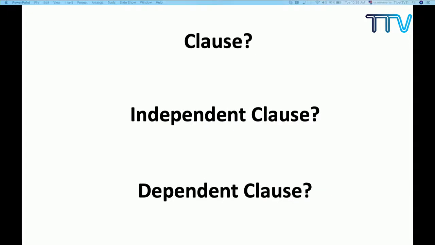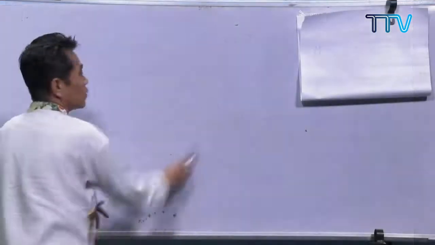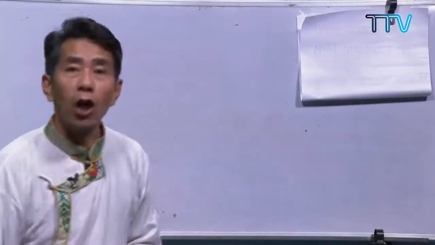I've already mentioned the clause, and in the clause I've also talked about the independent clause and dependent clause. There are so many things, so let us try to learn these clauses here. In the meantime, I want you to see whether you remember what a clause is.